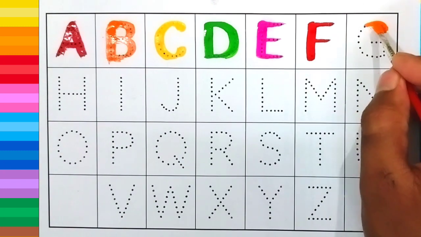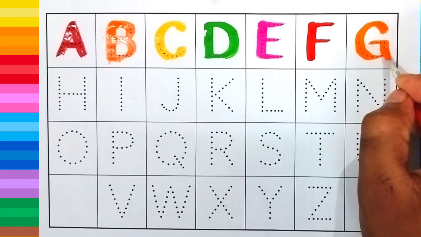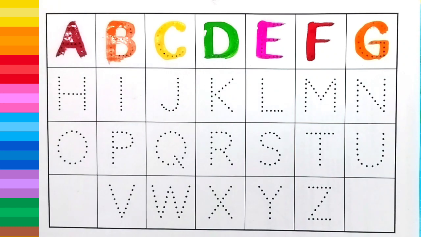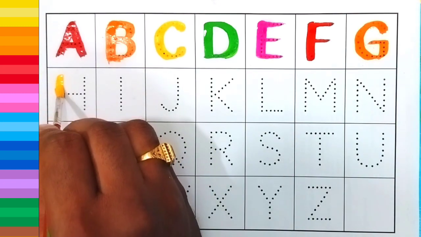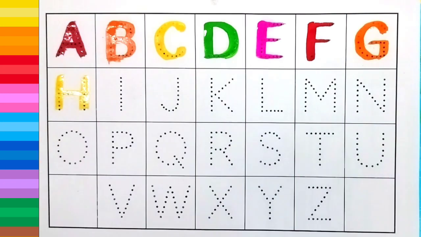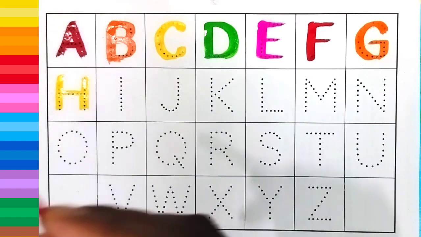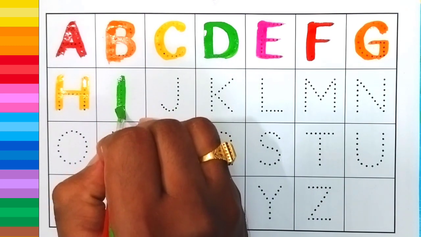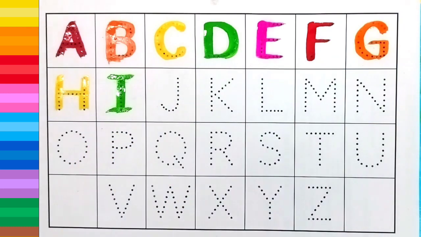G for grapes. H for helicopter. I for insect.